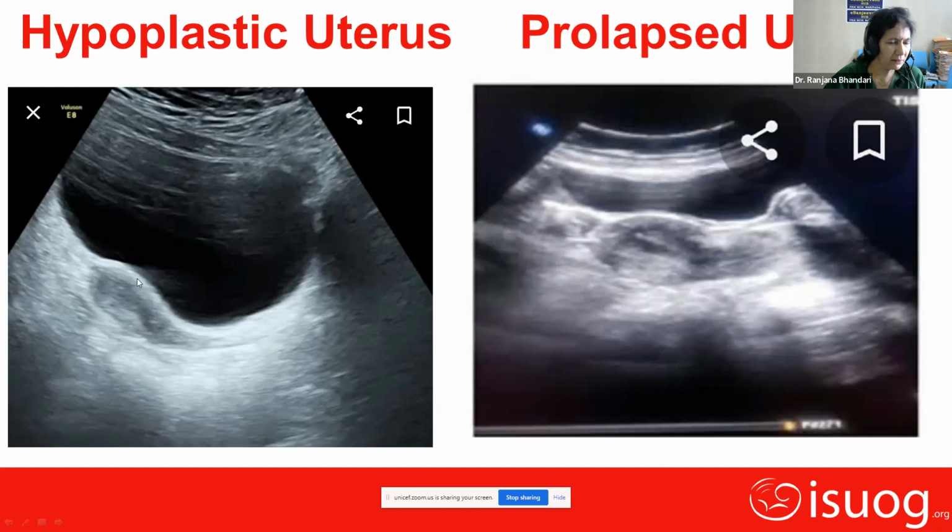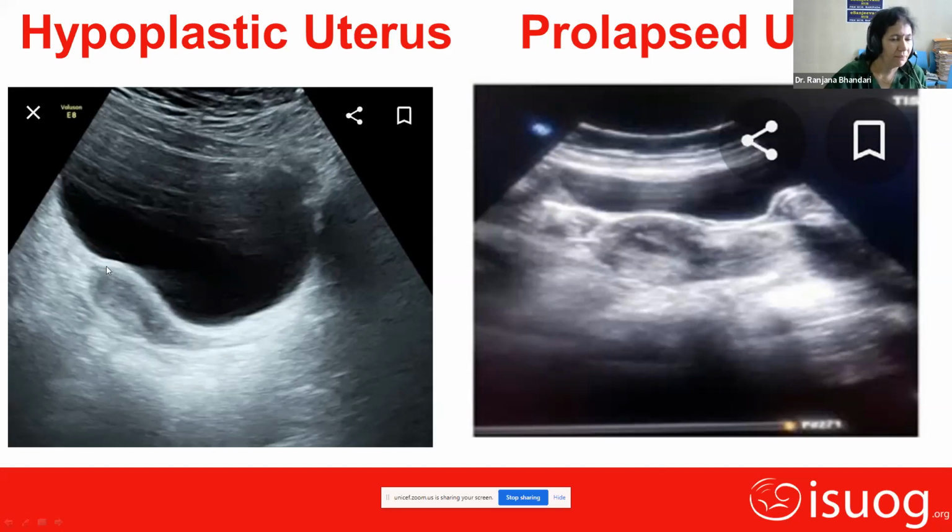When we measure in the transverse scan between the two cornu, if the measurement is less than 2 centimeter, and the length of this uterus from internal os to the fundus is less than 5 centimeter, that time we call it a case of hypoplastic uterus.